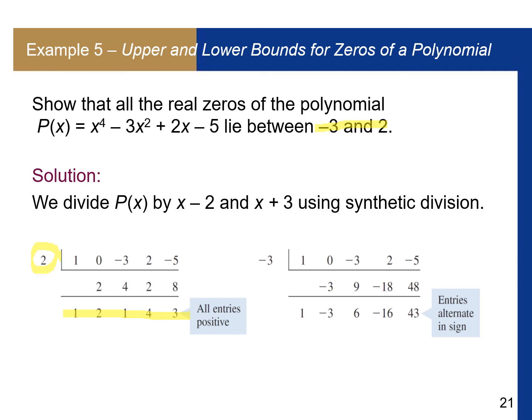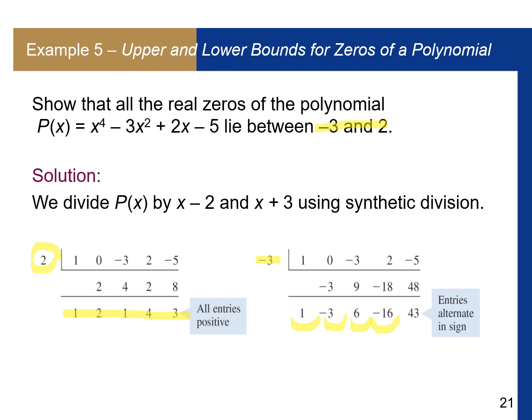Now I can check -3 to see if it is in fact the lowest bound because they told us it was. See how the signs alternate from positive to negative, negative to positive, positive to negative, and negative to positive. That tells me that there is no number smaller than -3 that will be a 0 for this polynomial.